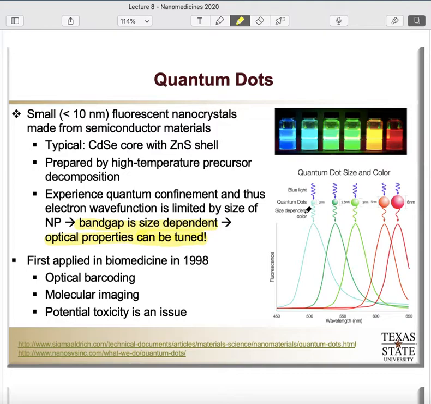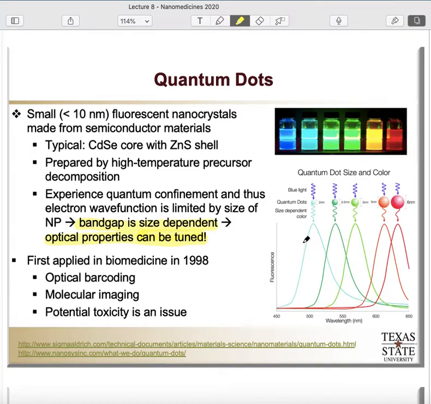These quantum dots also have very narrow and symmetric fluorescence spectra, which is nice because it enables you to do multicolor fluorescence labeling, for example. So in a single cell, I could use different quantum dots to be able to label different parts of the cell.